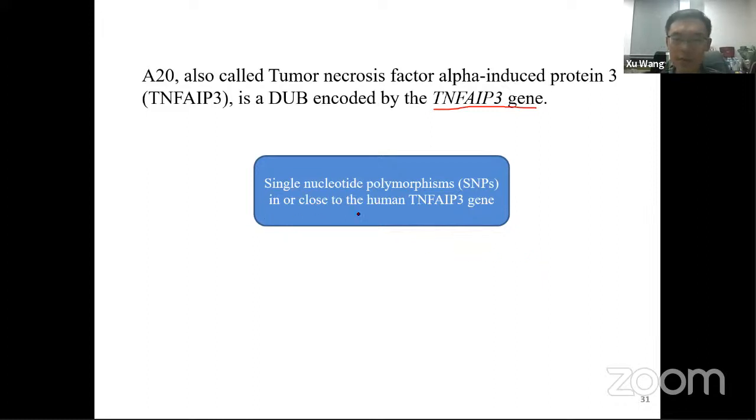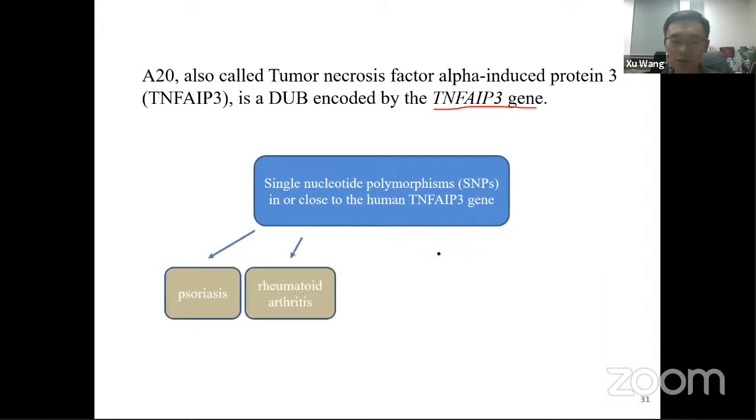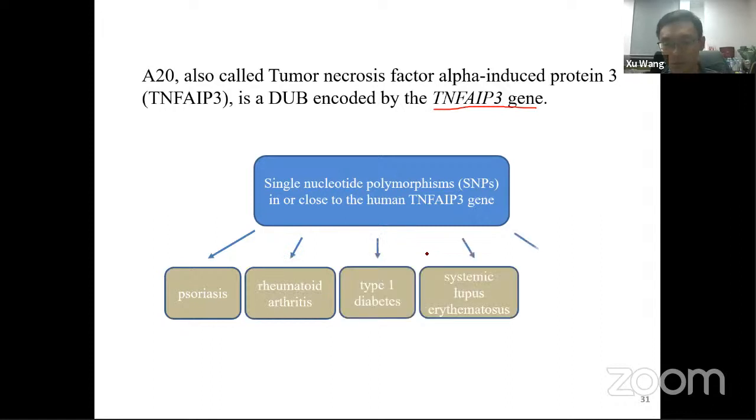Single nucleotide polymorphisms in or close to the human TNFAIP3 gene are associated with many autoimmune diseases like psoriasis, rheumatoid arthritis, type 1 diabetes, systemic lupus erythematosus, and multiple sclerosis. Multiple sclerosis is a neuroinflammatory disease that we focus on today.